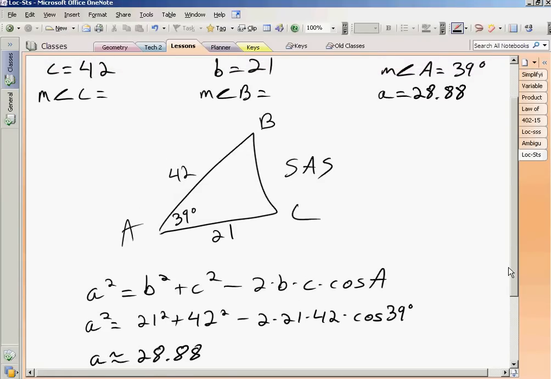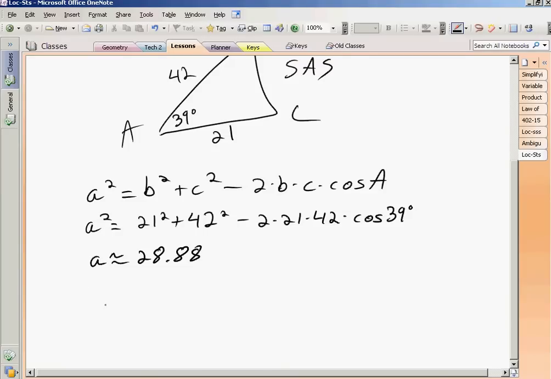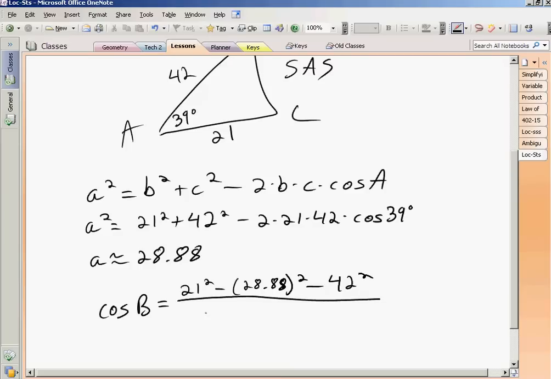So let's find angle B. Cosine of B is equal to B squared, which is 21 squared, minus A squared, which is about 28.88 squared, minus C squared, divided by negative 2 times 28.88 times 42.